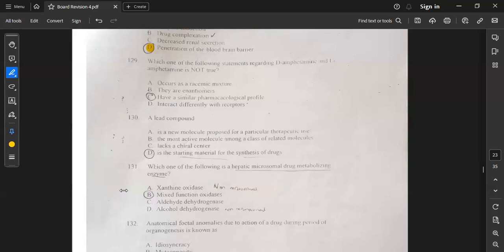Okay, that's a nice summary for enzyme inducers. And enzyme inhibitors, those that inhibit CYP, will cause an increase in the drug plasma level, causing toxicity.